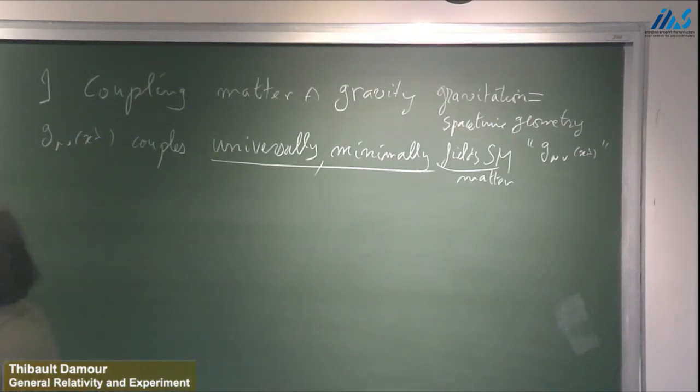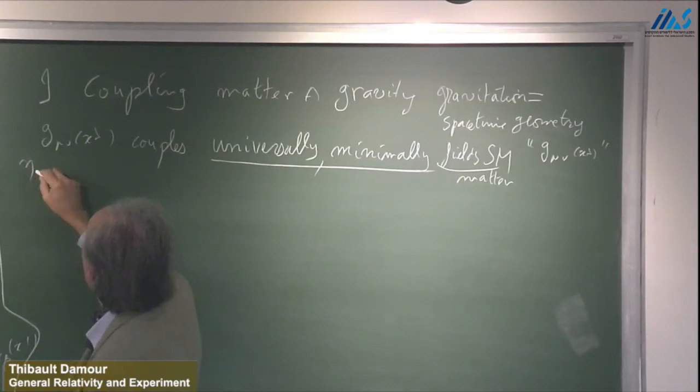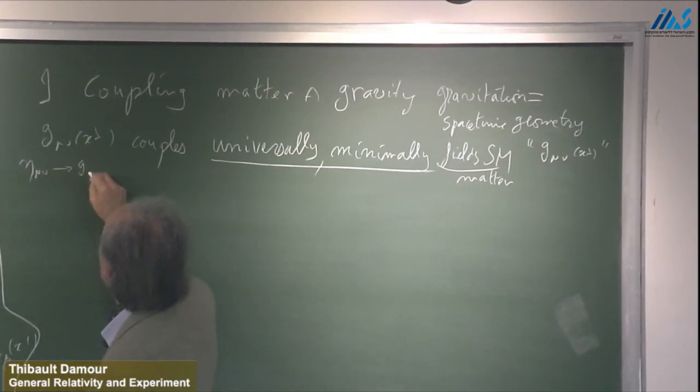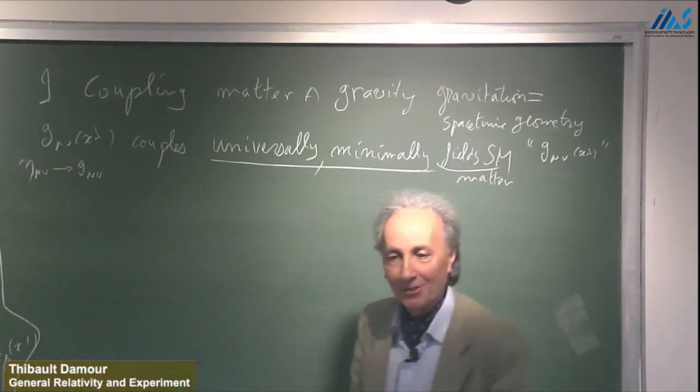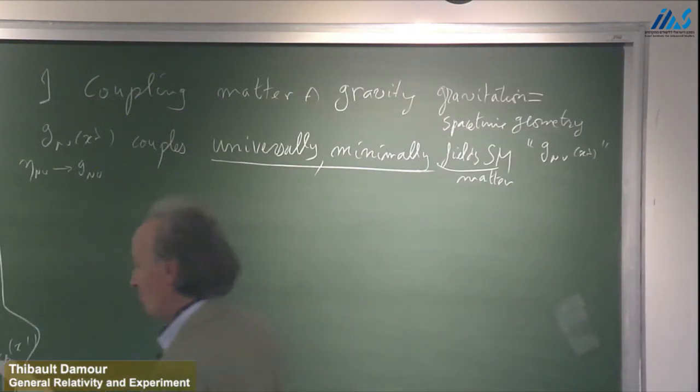Now, by definition, the first element of the coupling will be that everywhere eta mu nu will be replaced by g mu nu. But this is not enough, okay? So let us be more concrete.